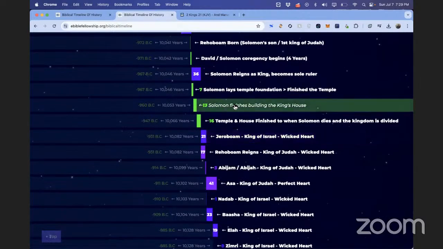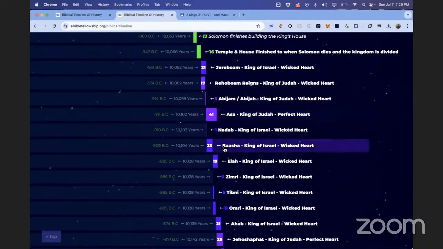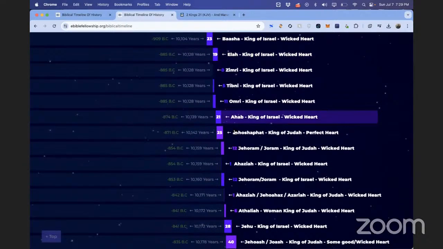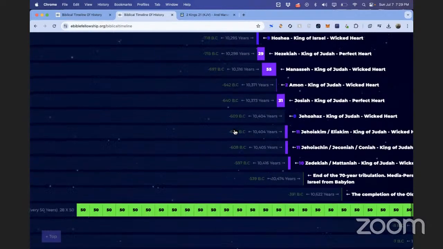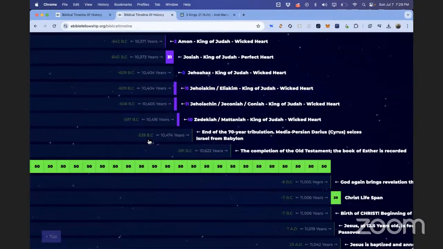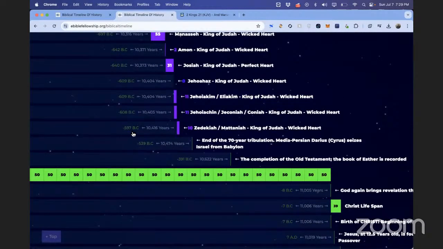You can see when Solomon finishes the temple, when Asa rules, all these different kings. And finally, when you get to the bottom, 597 BC is when Zedekiah begins to rule, and then 10 years later is when he falls in 587, and that's where we just left off.